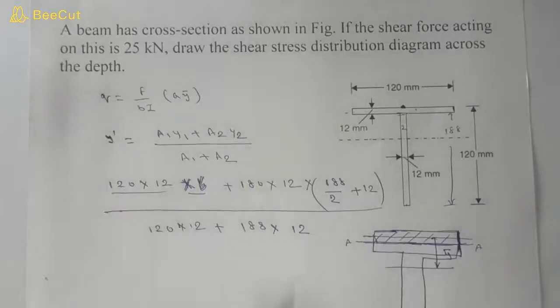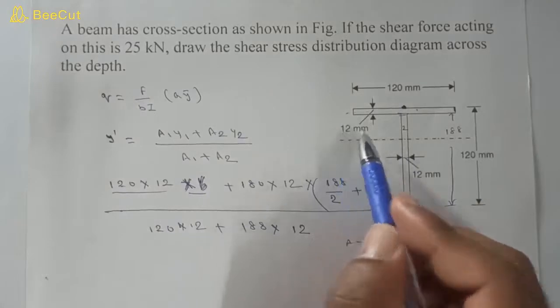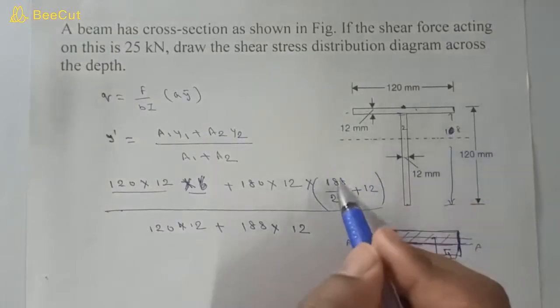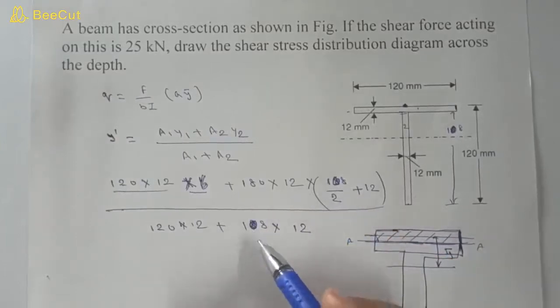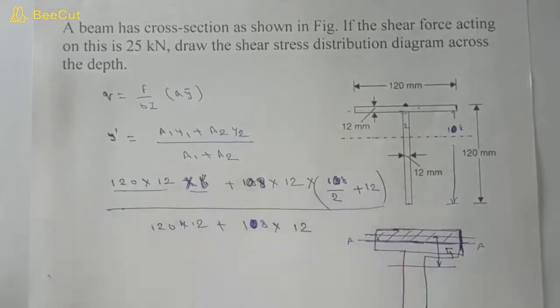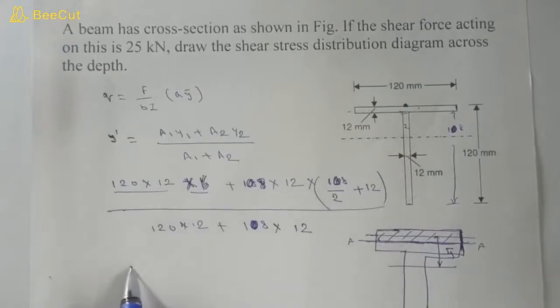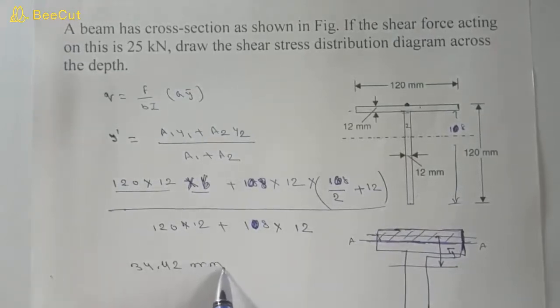Sorry, I have made a mistake here, this is only 120, so if we minus 12 from it, it will become 108, so it is 108 here and 108 here. If you calculate this value, then you will get 34.42 mm.